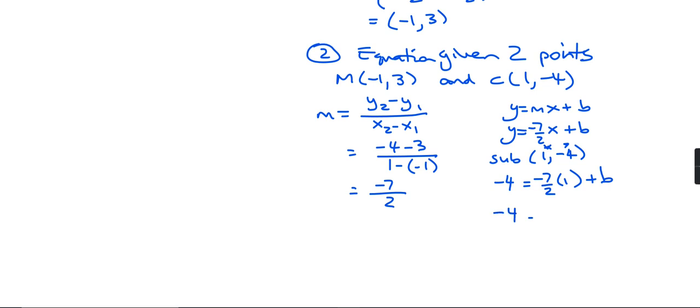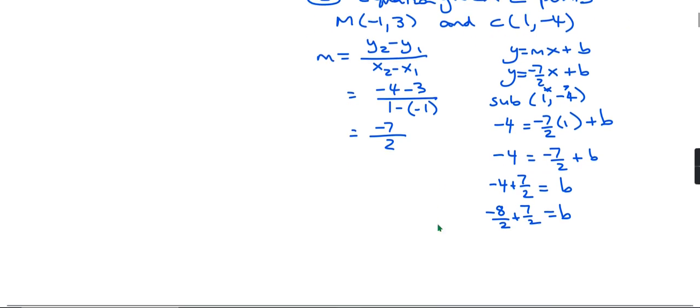So now we solve this. -7/2 times 1 is just -7/2. Add 7/2 to both sides, and it's gone from the right side. To add these two fractions, I need to write them over a common denominator. So -4 over 1 becomes -8 over 2.